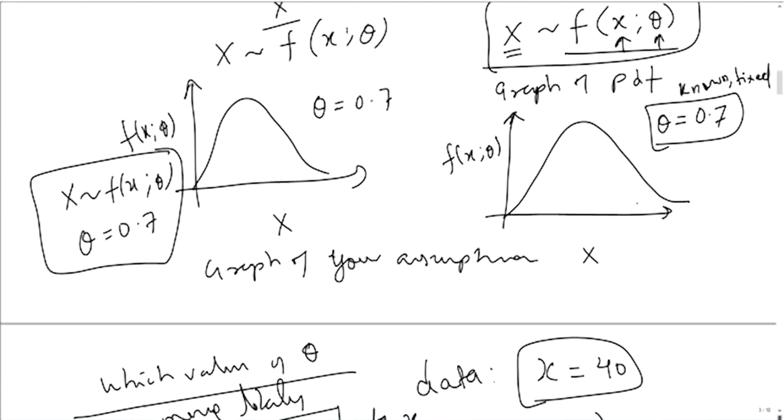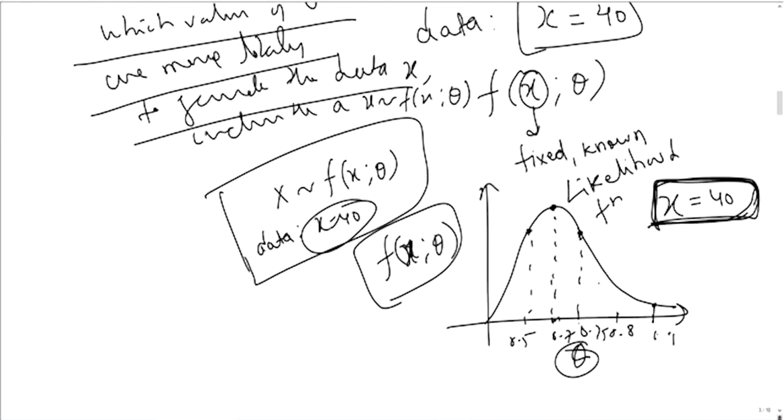This was your PDF. And the likelihood function is a graph of your f of x theta with respect to theta when x is known and fixed, when data is known and fixed. So, that is the basic intro of the likelihood function.